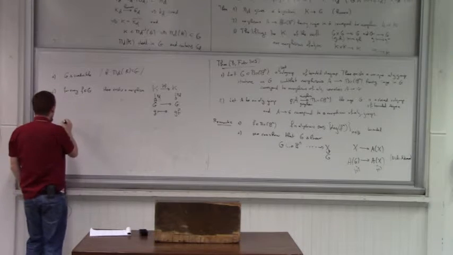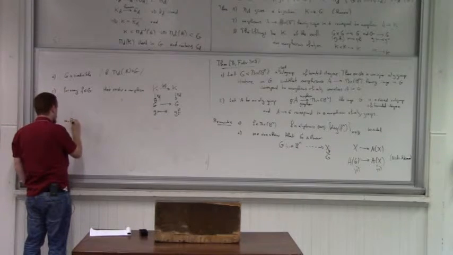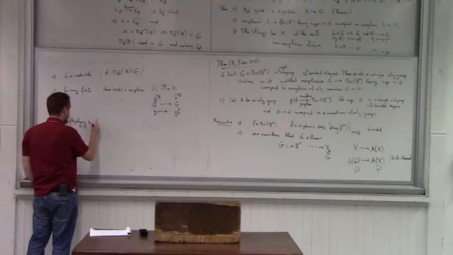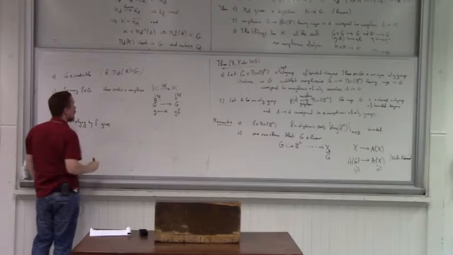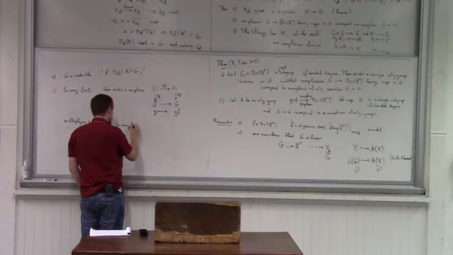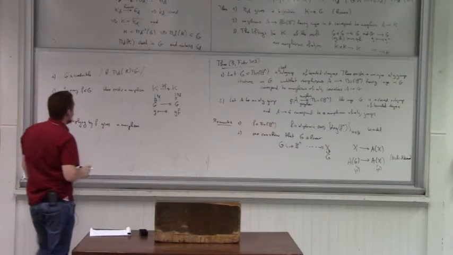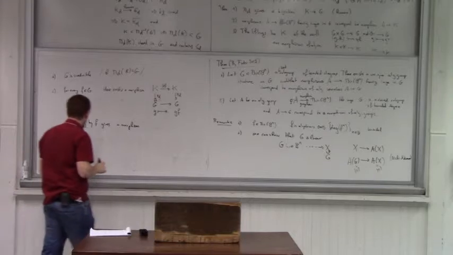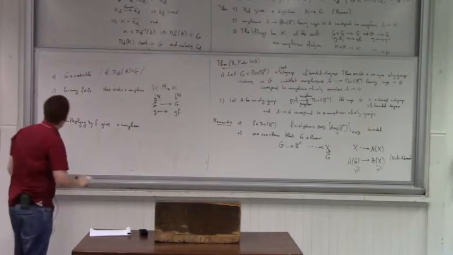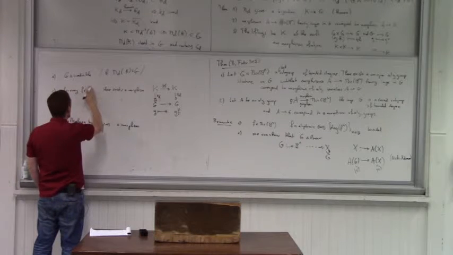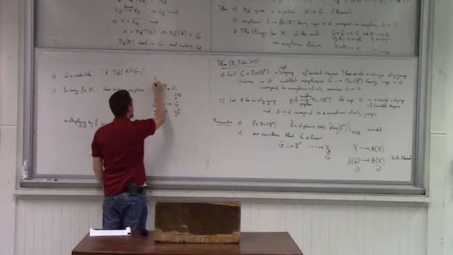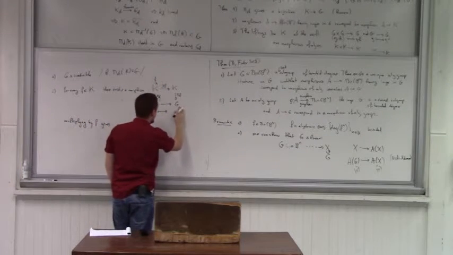So if I want to multiply by f, it gives a morphism. My element, sorry, my element is in K. This is the multiplication by the image of f.